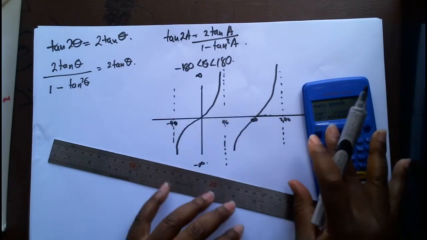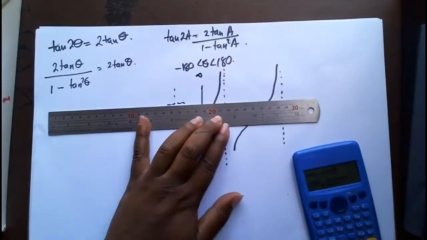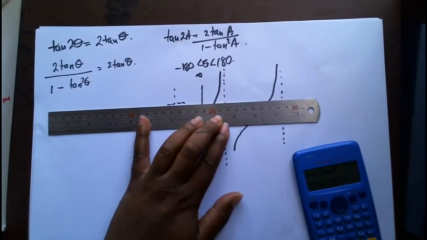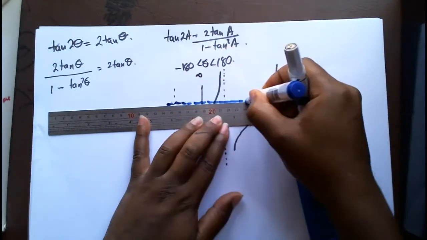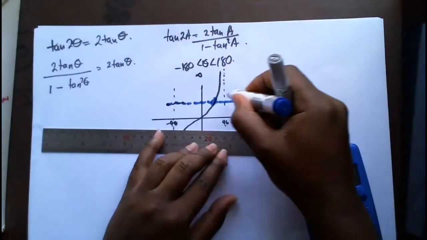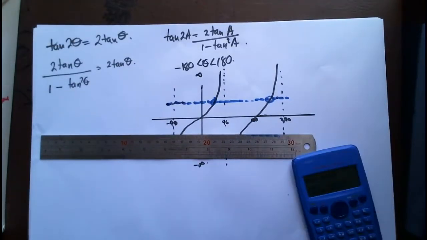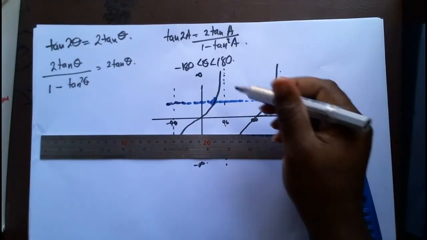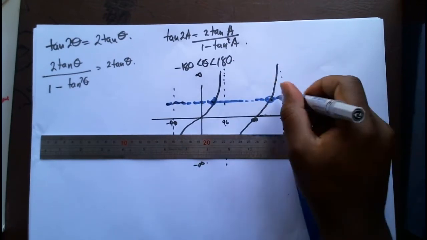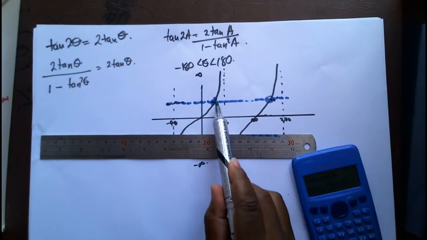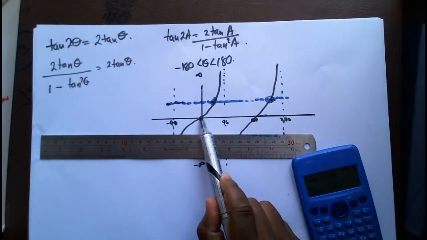So if we want to find the solution, we draw a line. Let me use another pen. You can see that it cuts here and cuts here. That's why we always say we must add 180 degrees, because between this point and this point is 180 degrees, just like here from this point to this point.